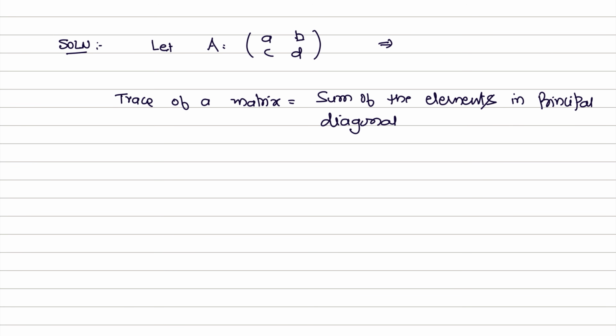What is the principal diagonal here? This is the principal diagonal, the yellow line, and the trace is written as TR A. The trace is equal to A plus D, the sum of the elements. This is from the definition, straightforward.